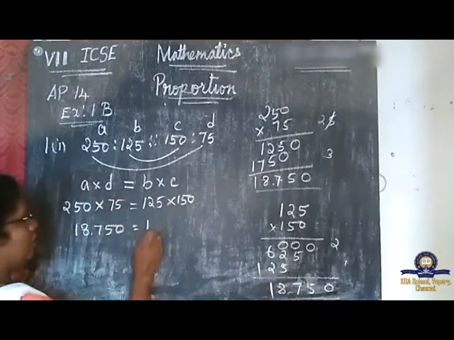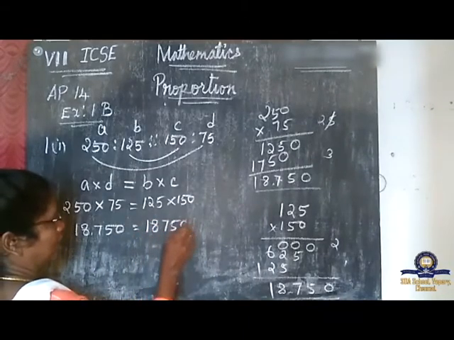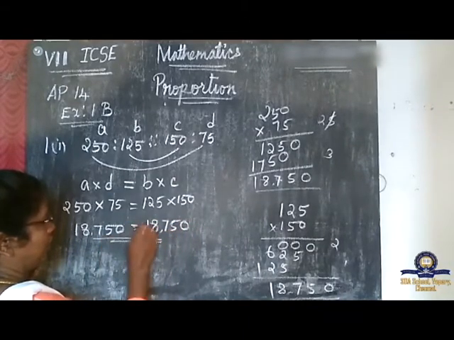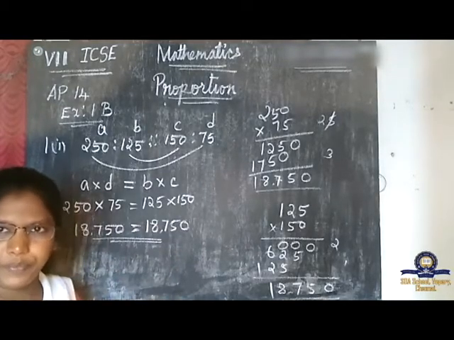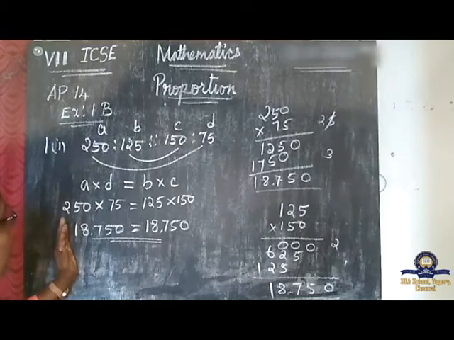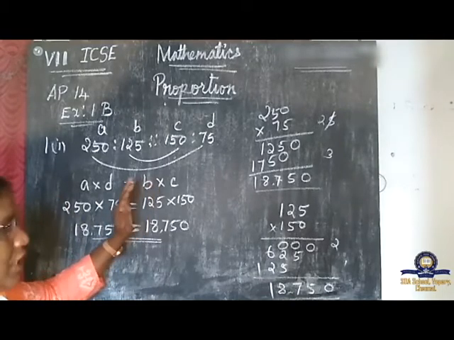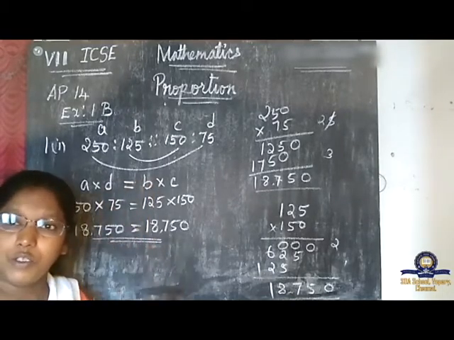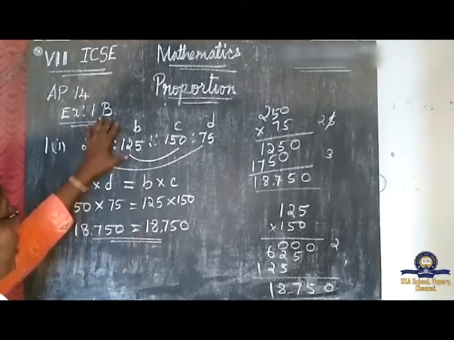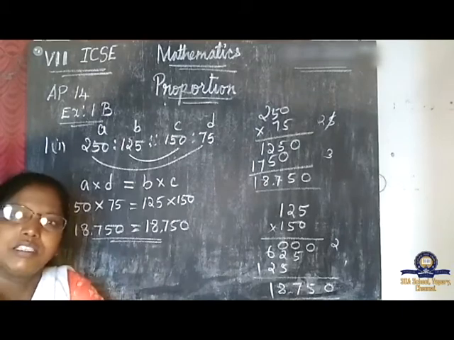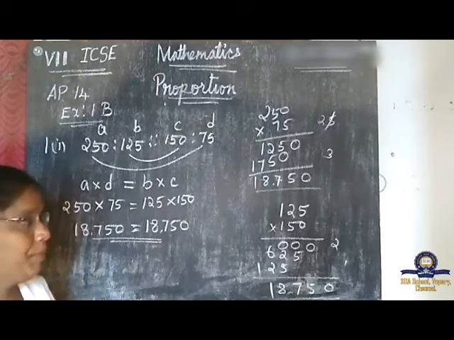See here also we got the same answer. So both are equal. So the statement is true. Understood, children? When we get both the ratios as equal, the statement is true. If we are not getting an equal answer, that means the two ratios are not equal, so the statement is false.